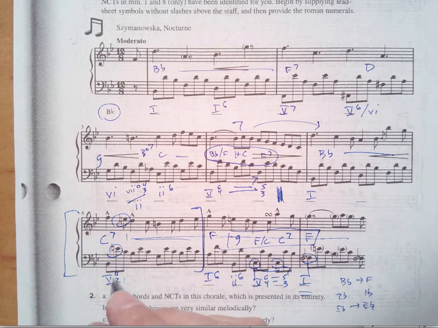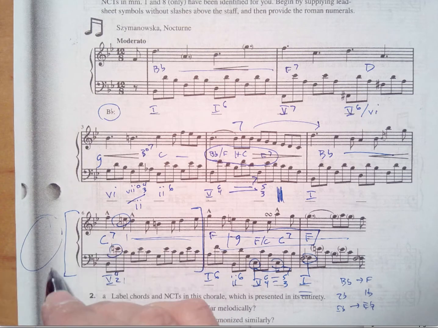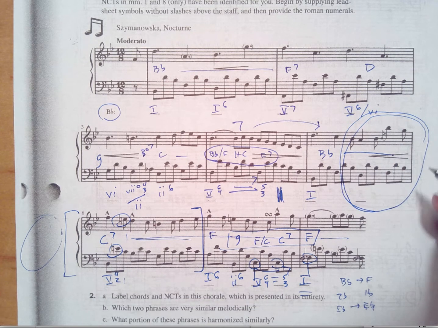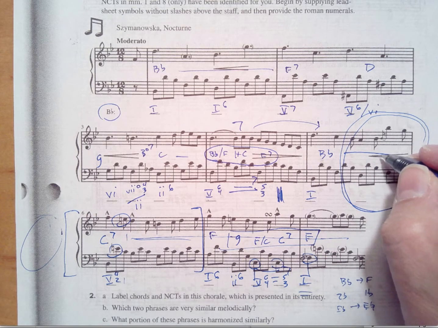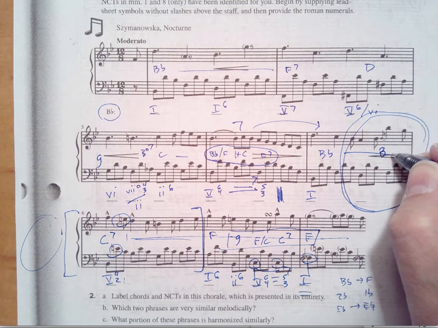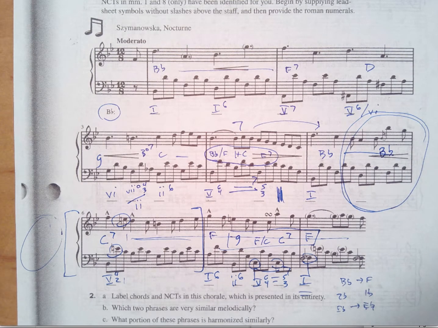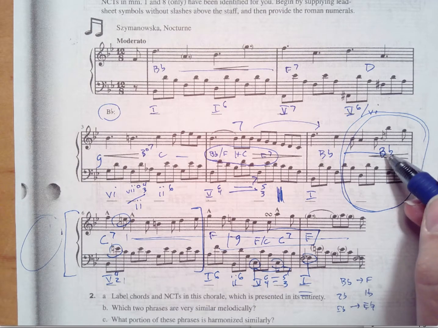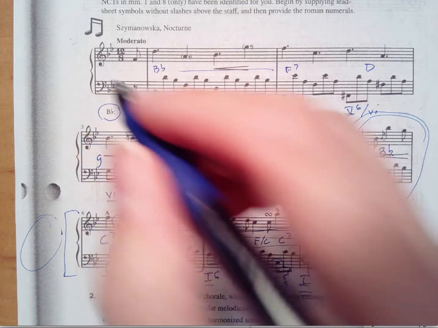So now we want to go to the chord right before this, which is this chord right here. And this is a B flat chord. And you ask yourself, does B flat exist in the key of B flat?